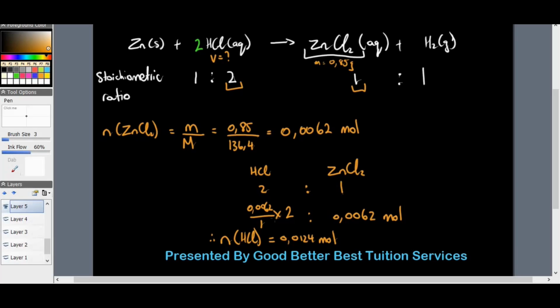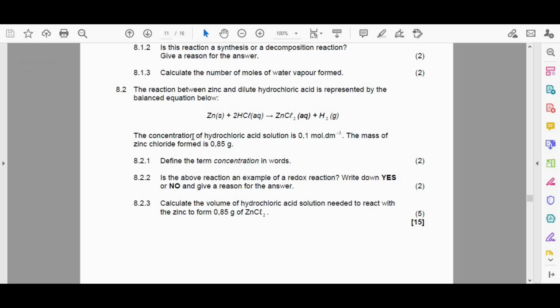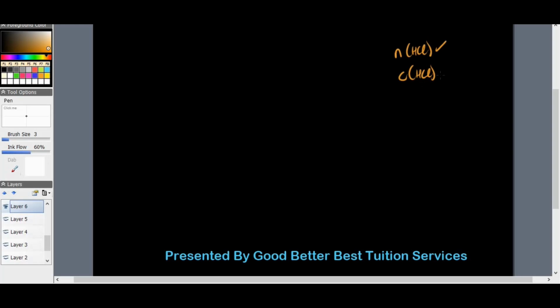What other information did they give me at the start of the question? Because now, in my check sheet, I have the number of moles of HCl. I also have the concentration of HCl because they gave it to me in the question. They said the concentration of hydrochloric acid is 0.1.